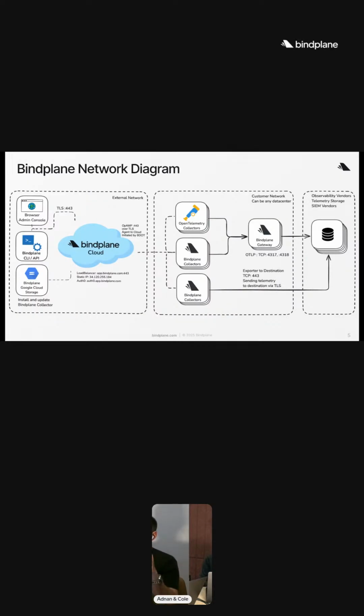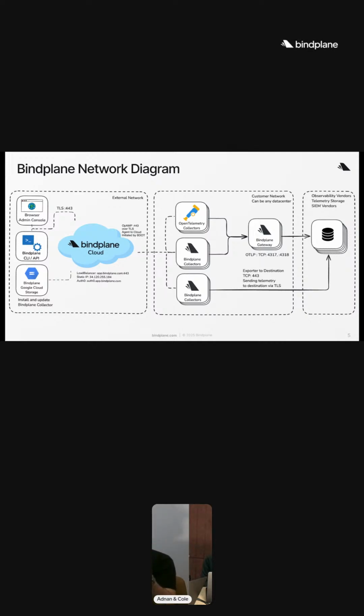Now, let's talk a bit about the network diagram, specifically what it looks like for you and your network and how Bindplane communicates with it. The center part here is your network, and that's where all of your collectors run. On the left side is the control plane. The collectors communicate with the control plane via OpAMP.